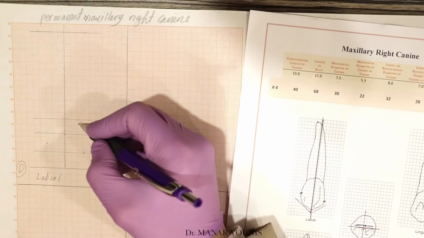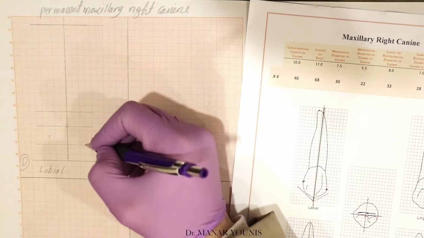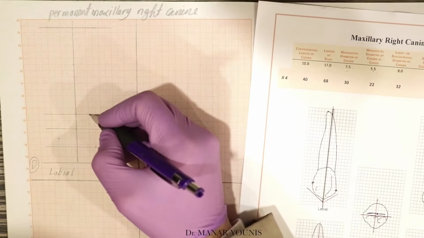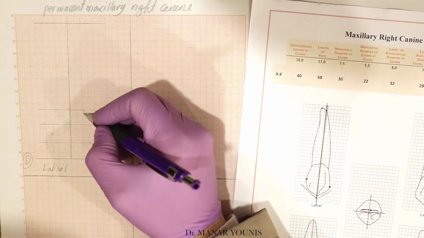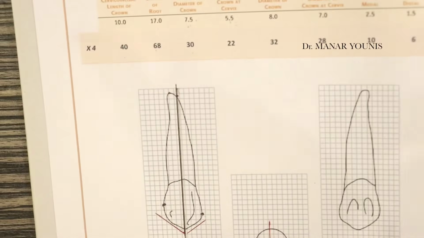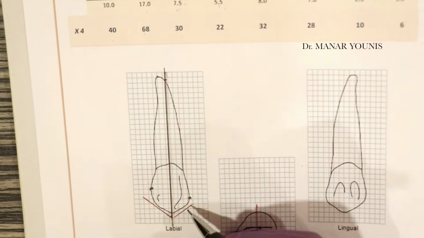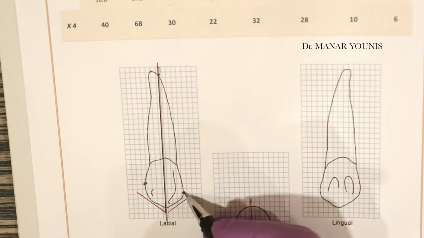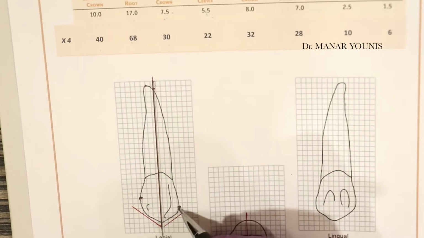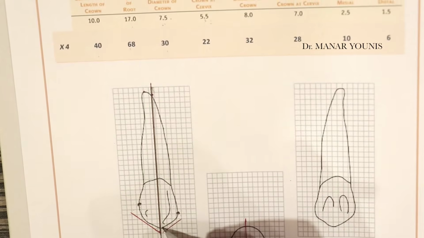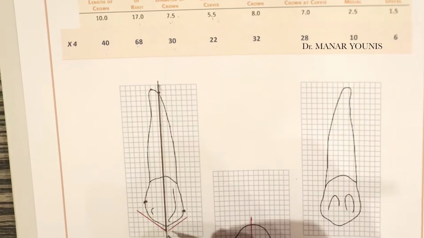The mesial outline from the cervical line to the mesial contact point is slightly convex. Then from the mesial contact point to the cusp, it will be a straight line that slants toward the cusp tip.